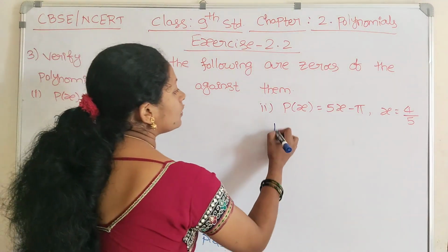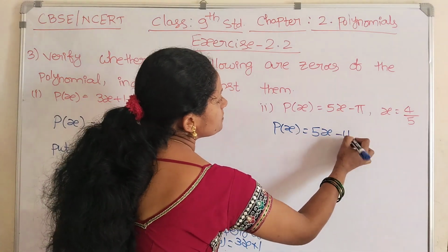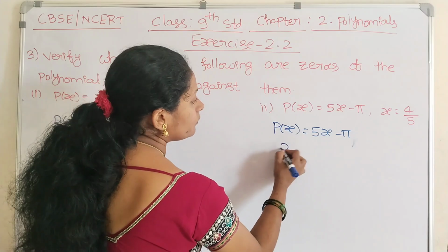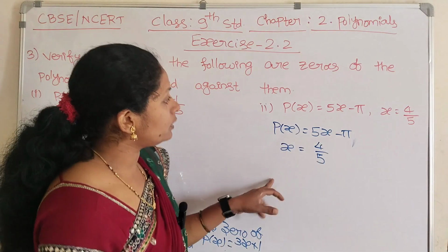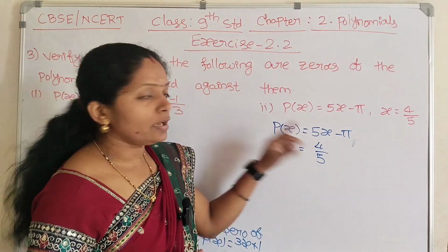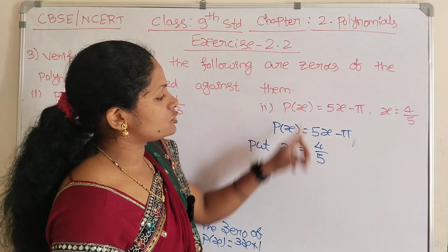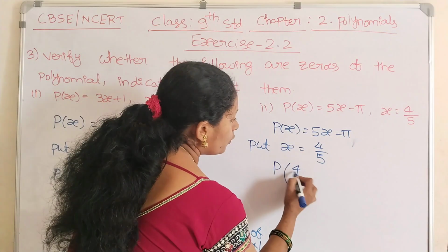Next question. P(x) = 5x - 5. Here it is given that x = 4/5. We have to put x = 4/5 in the above polynomial. So P(4/5).